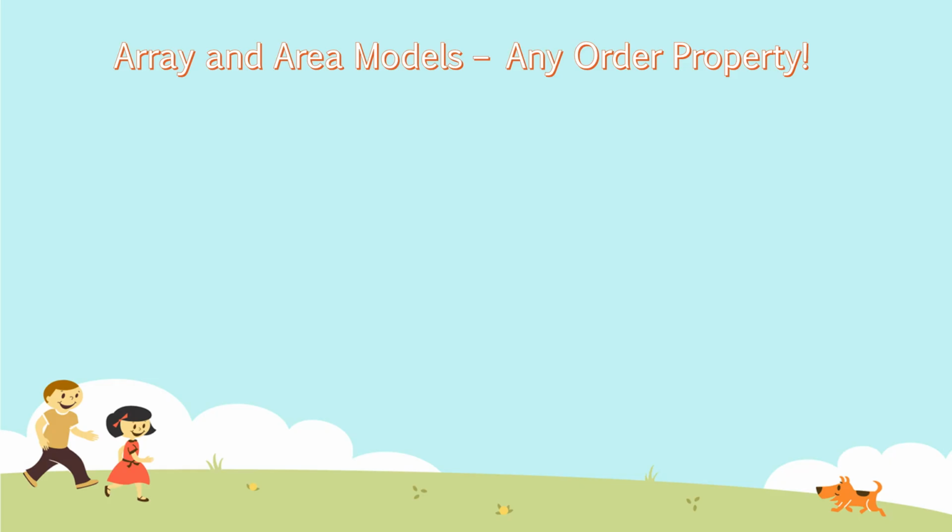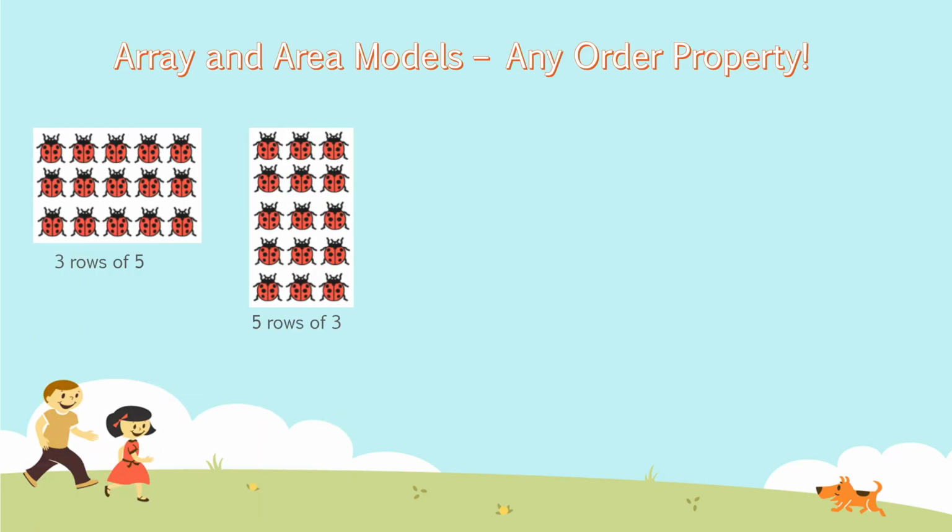Now, visually we can see multiplication in an array and an area model. And these are two very good models to explain the any order property, right? For example, 3 rows of 5 is 15 ladybugs, right?